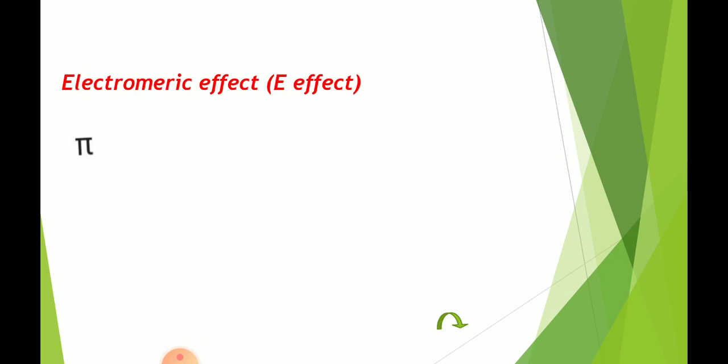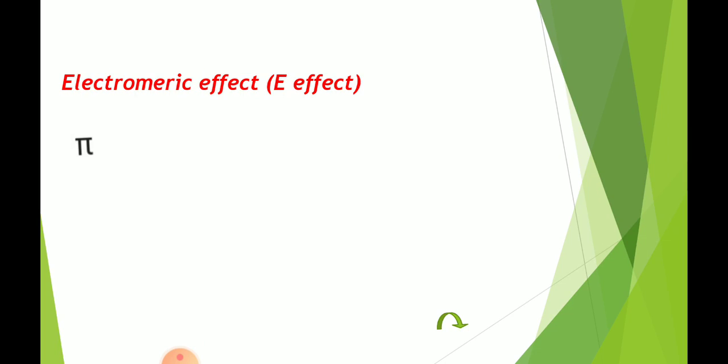Inductive effect takes place in case of sigma bonds, whereas resonance effect takes place in case of the conjugated systems. Conjugated system means alternate single and double bonds. So those two effects, inductive and resonance effects, are possible in organic molecules if the molecule contains a particular group or atom in its structure itself.